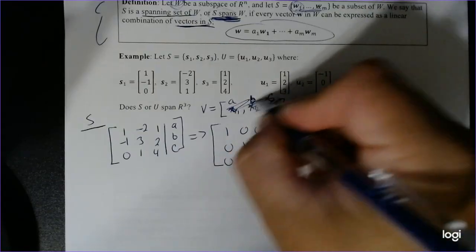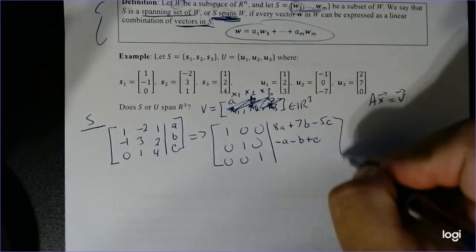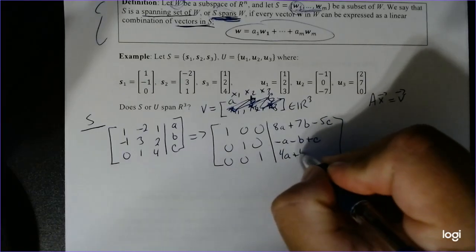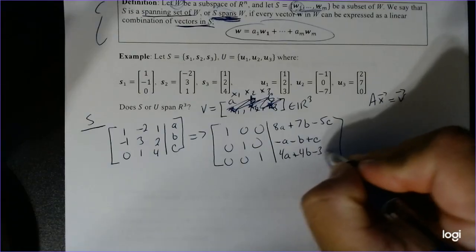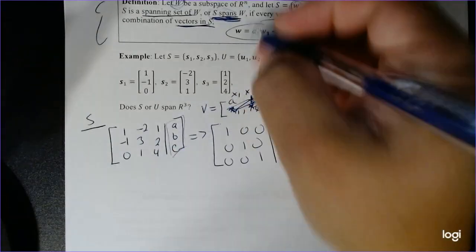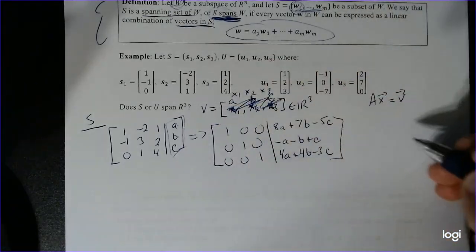These are x1, x2, and x3. These are arbitrary, so instead of a1, a2, a3, I use a, b, and c. That's what we really want.